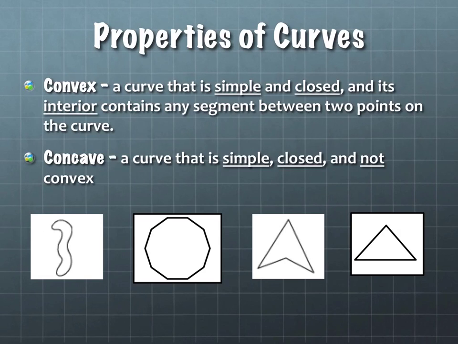So the next definition talks about something being convex. And I know you've heard that word before. You may not remember which one it is. But the two descriptions are convex and concave. Convex is a curve that is simple closed, and its interior contains any segment between 2 points on the curve. And then concave is a curve that's simple and closed, and it's not convex.